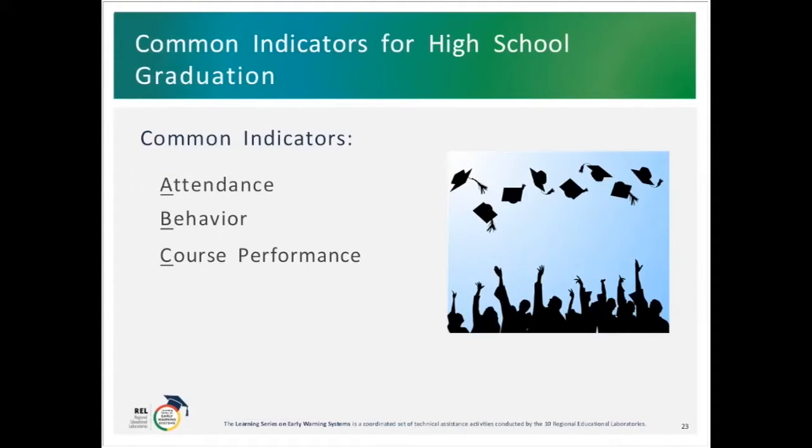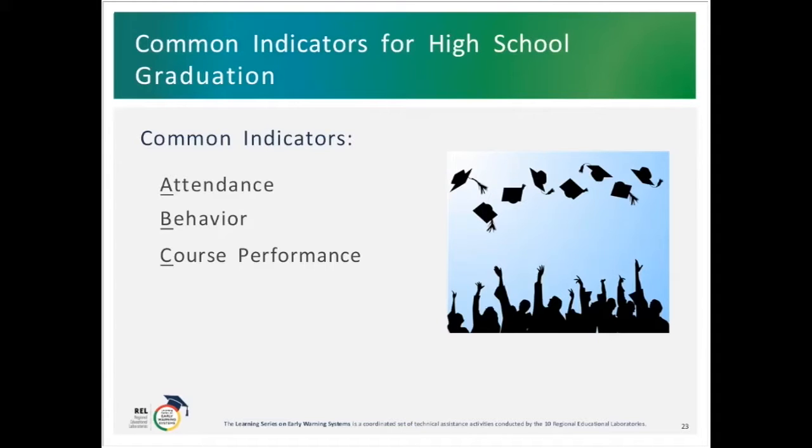So common indicators that we hear a lot about and we know people are using, and these are often great places to start, are attendance, behavior, and course performance, often shortened to the ABCs, since in education we like to shorten everything a lot.